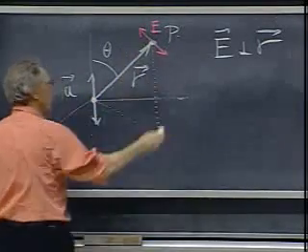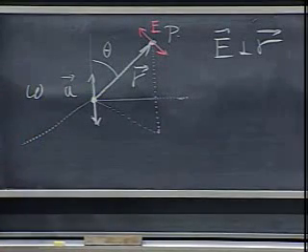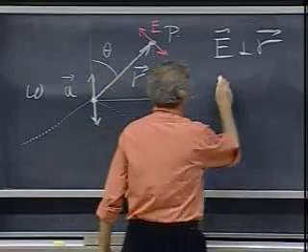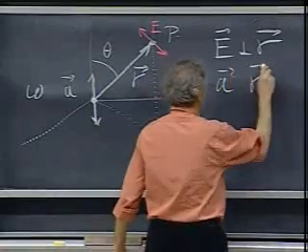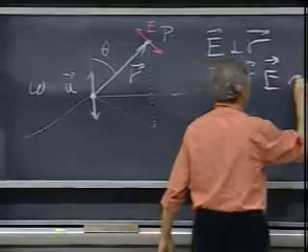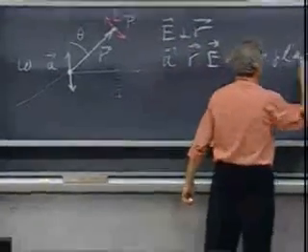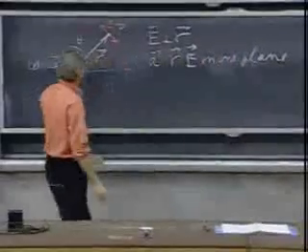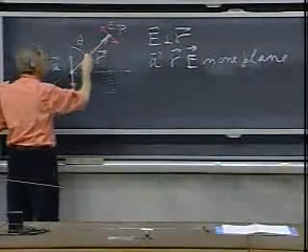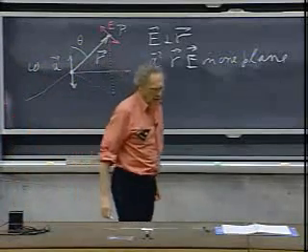The electric field that you experience, if the charge is doing this, is always perpendicular to r. And A, r and E are always in one plane. Notice, that's the way I drew it on the blackboard. E, A and r are in one plane. So it's extremely simple.